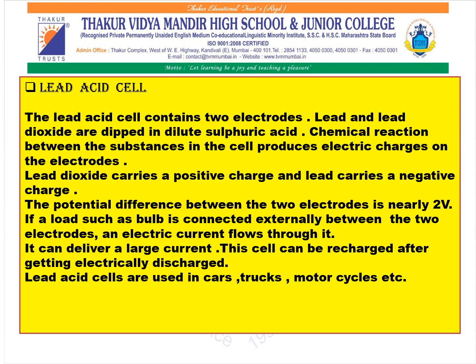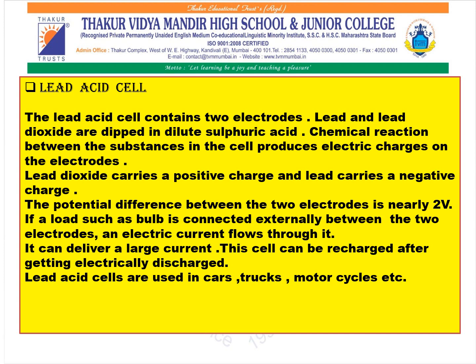Now coming to the working of the lead acid cell, as I already told you, lead and lead dioxide are dipped in dilute sulfuric acid, and the chemical reaction between the substances in the cell produces electric charges on the electrodes. Lead dioxide carries a positive charge and lead carries a negative charge.